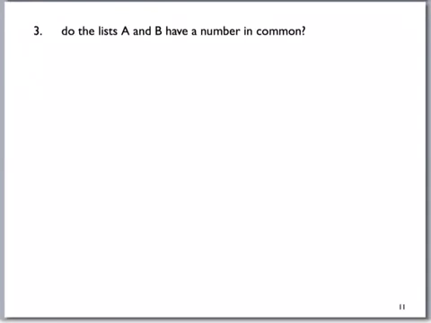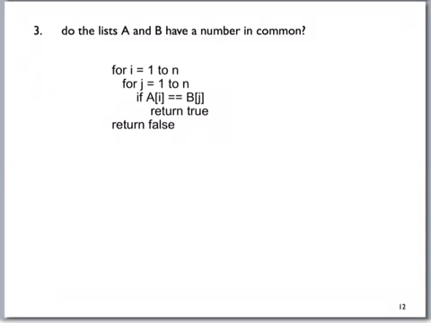For the third one, we ask the question, do the lists A and B have a number in common? Once again, pause the video, and I'll wait, and you can come back when you've thought about it. Okay, so here's my solution.